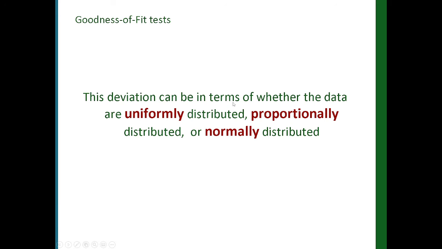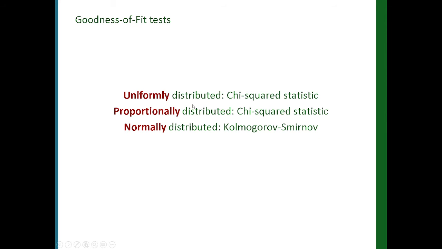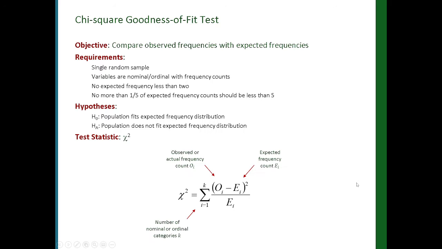And this deviation can be in terms of whether the data are distributed in a uniform way, whether they're distributed based on some sort of proportional distribution, or whether they're actually normally distributed. Okay, so if they're uniformly distributed and they're proportionally distributed, we'll use the chi-squared statistic, and if they're normally distributed, we'll use the Kolmogorov-Smirnov approach, which is slightly different.